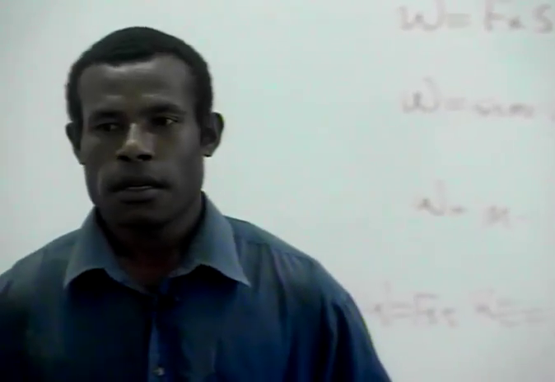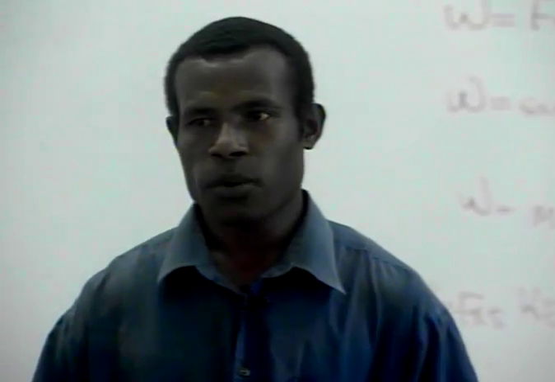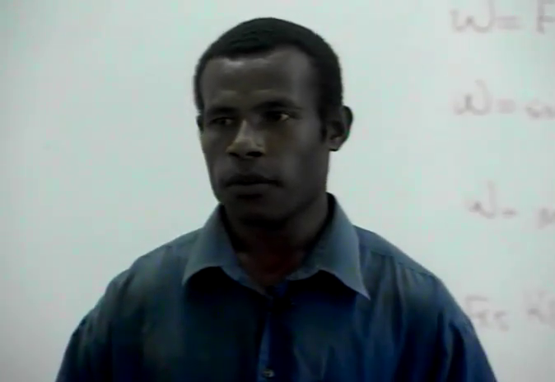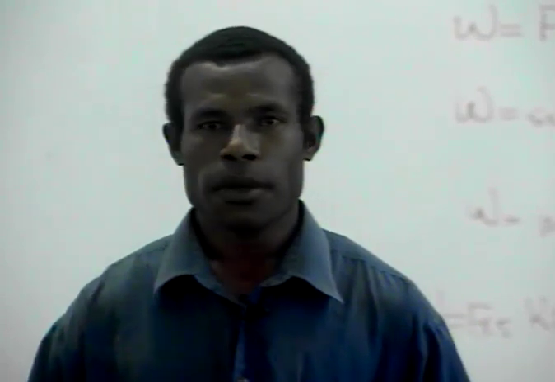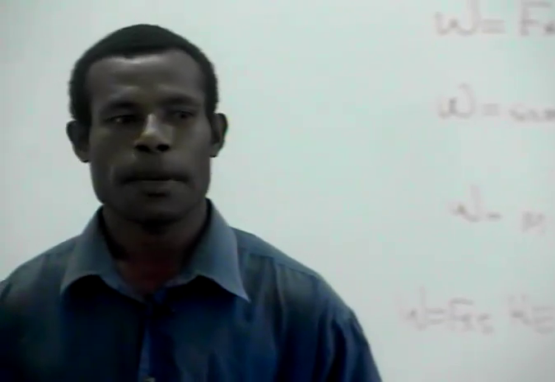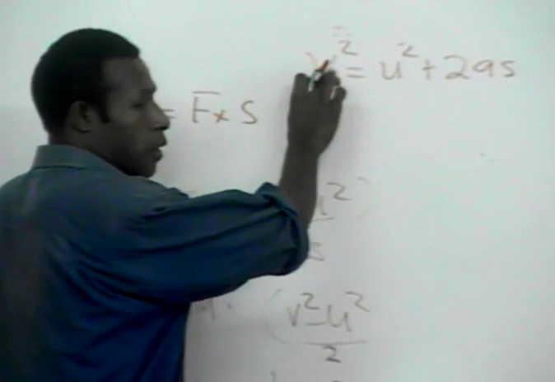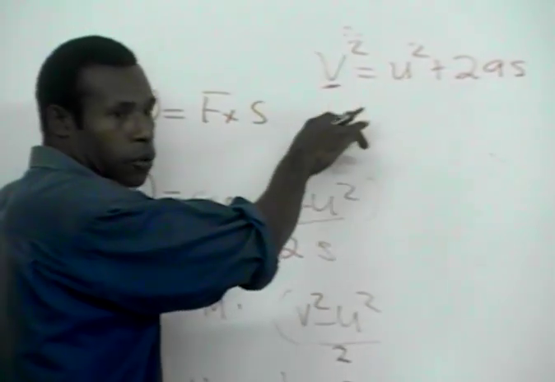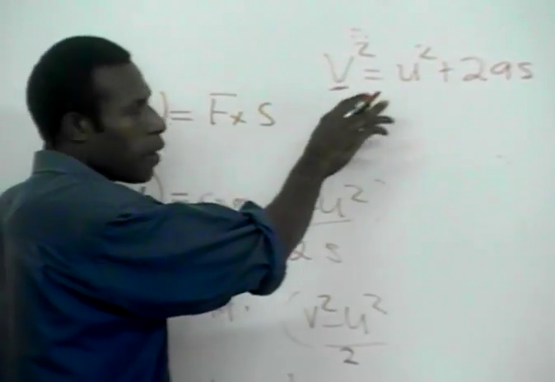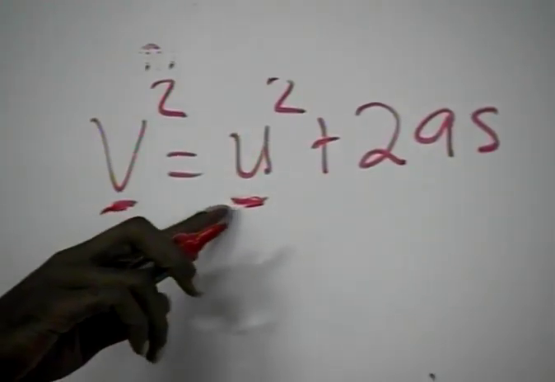Now, we know that when a force is applied to an object, it must move through a distance for work to be done. Given from the equation of motion, v squared equals u squared plus 2as, v is the final velocity that the motion will have, and u is simply the initial velocity, the starting velocity.